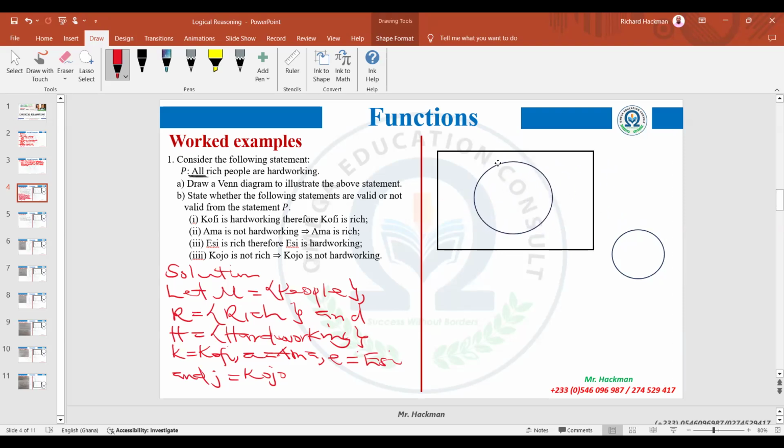But because I know that my keyword there is all, it means my second set, which will be represented by another circle, will be inside the bigger circle. So it means I'm going to have 2 sets, but one will be a subset of the other. So this becomes the picture. All correct. Let me make it a little small. Yes, please. Okay, all right.